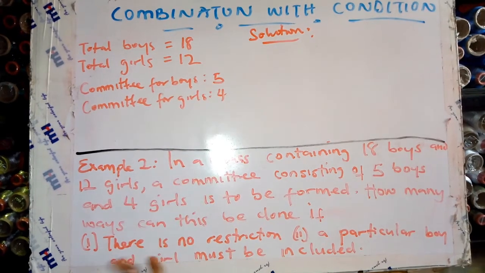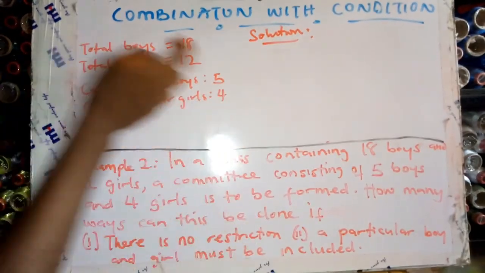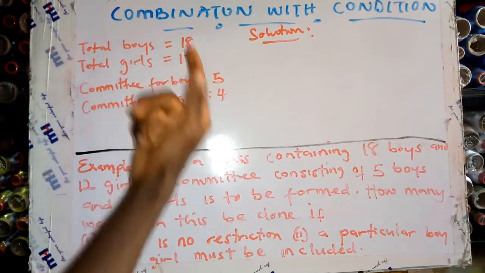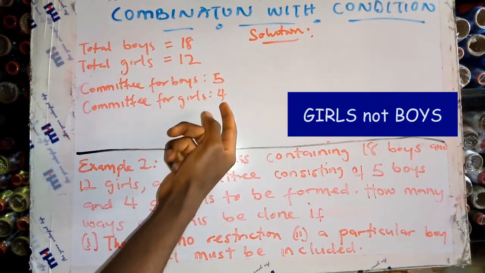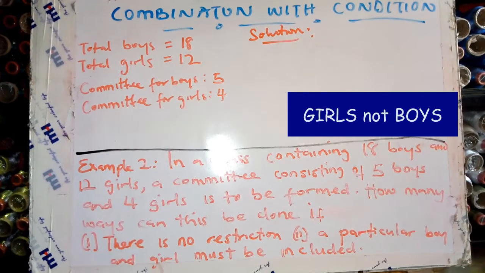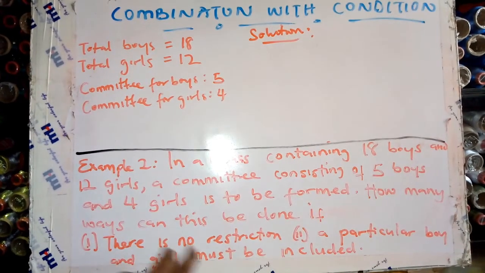The first condition says if there is no restriction, how can they form a committee where from 18 boys they pick 5 boys, and from 12 girls they pick 4 girls? That means the committee totals 9, with 5 boys and 4 girls. How can they do it if there is no restriction? It's just like saying without condition.